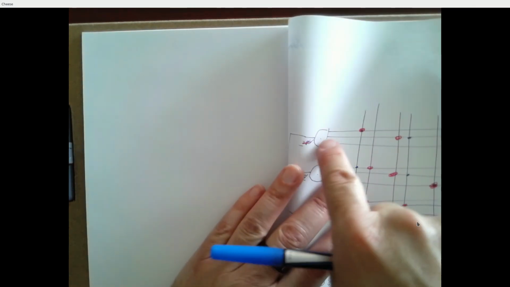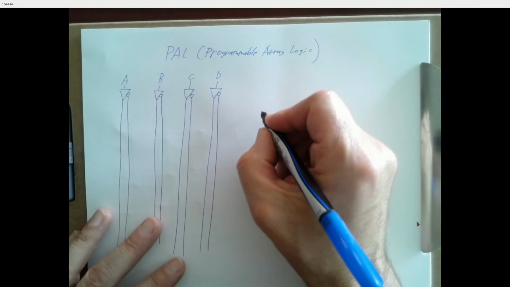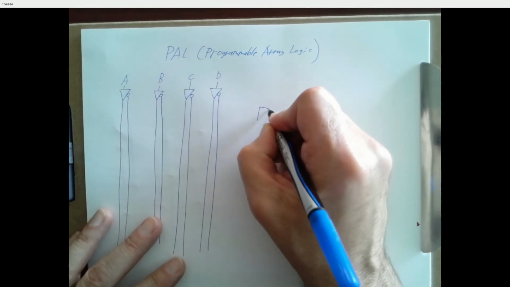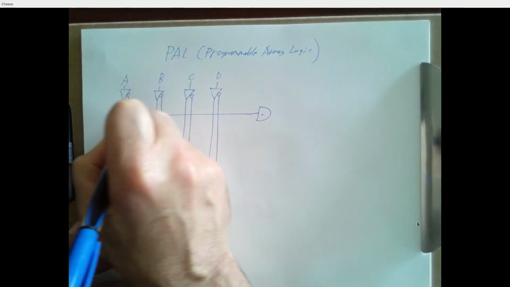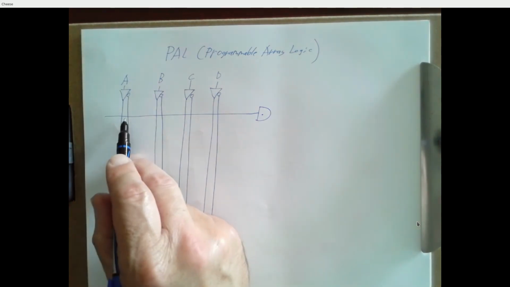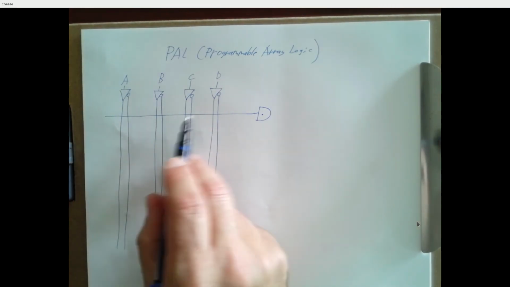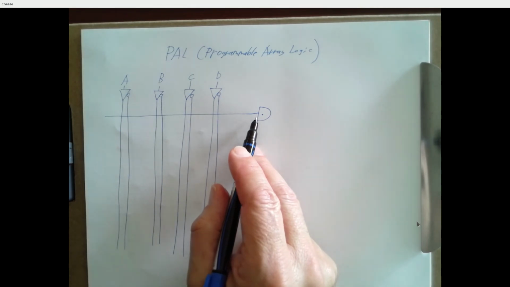And instead of drawing an AND gate with a bunch of lines coming across, I'm going to draw a single AND gate symbol. And I'm just going to have one line coming across. And I'm going to allow you to put multiple marks in here with the understanding that we probably have 4 lines coming into this AND gate.